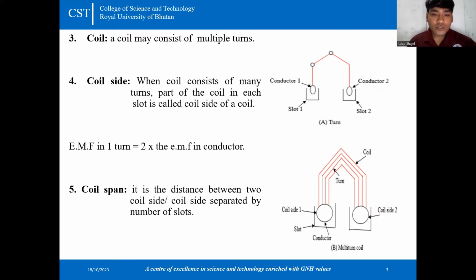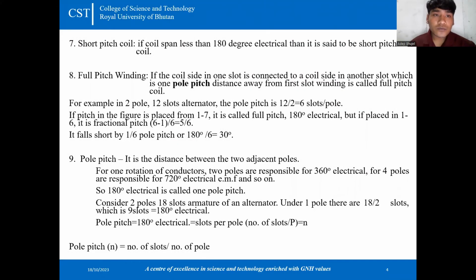Next we have coil span. It is the distance between two coil sides, separated by a number of slots. Next term we have is short pitch coil. Before talking about short pitch coil, let me talk about pole pitch. It is the distance between two adjacent poles, and one pole pitch is equal to 180 degrees electrical.